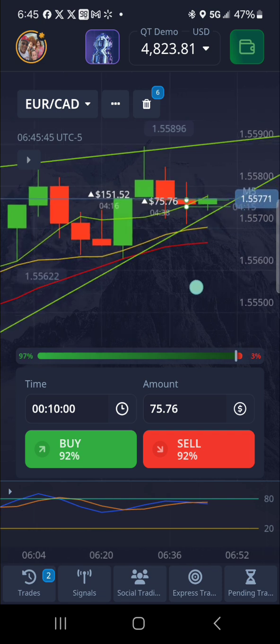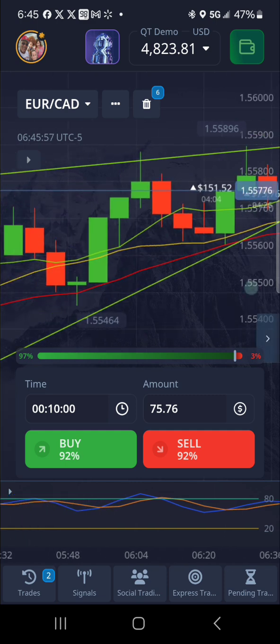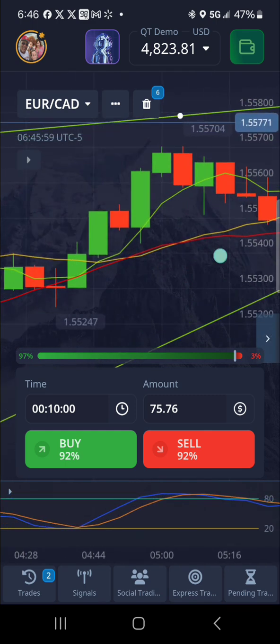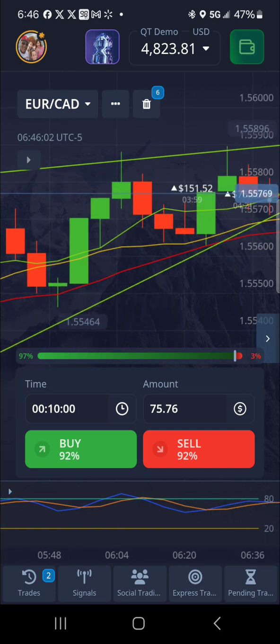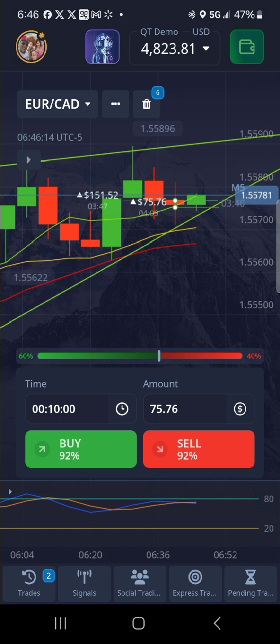So this last time was 2 reds, right? So it's a better probability that the next one will be a green because of the pattern. There's more greens than reds, and 2 reds have already occurred. I know this one was 3 reds, and then only 2 greens, right? So if it's 3 reds again, then the pattern will be more of a downtrend.